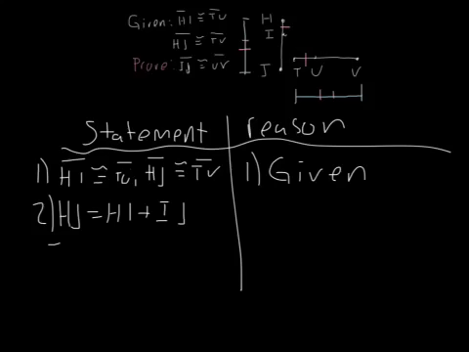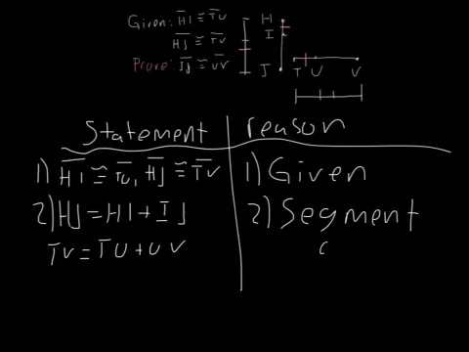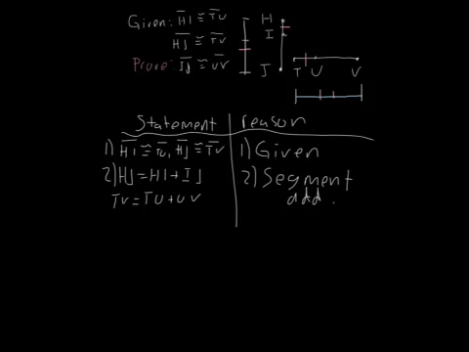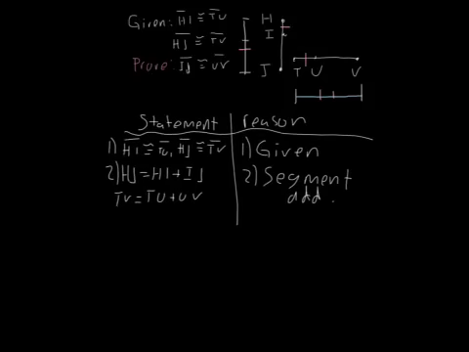So I'll say TV is equal to TU plus UV. I'm just adding the small pieces to the big piece, so that's going to be segment addition. And I think I'm going to zoom myself out here because I'm running out of space, so give me a second. I'm going to extend my chart here.